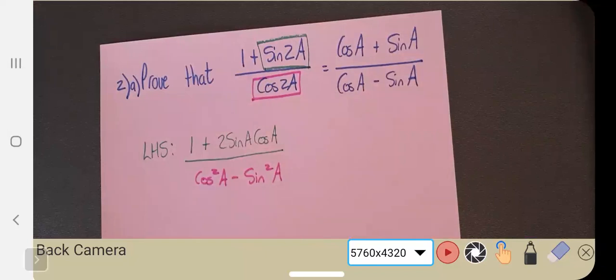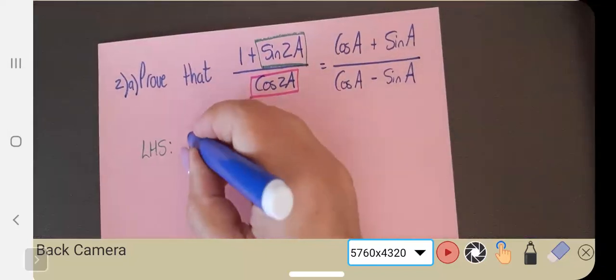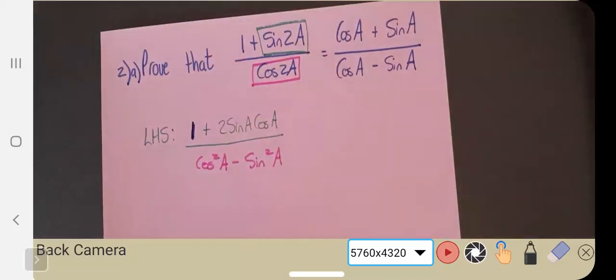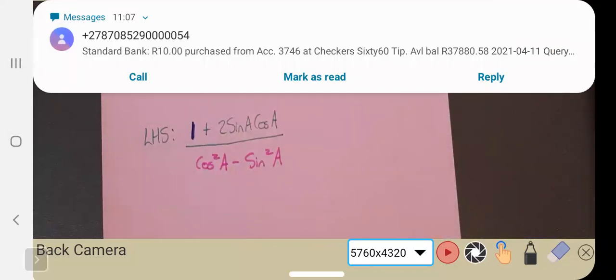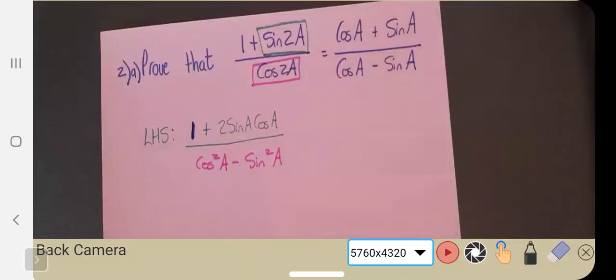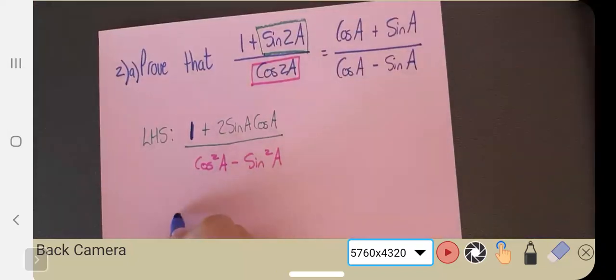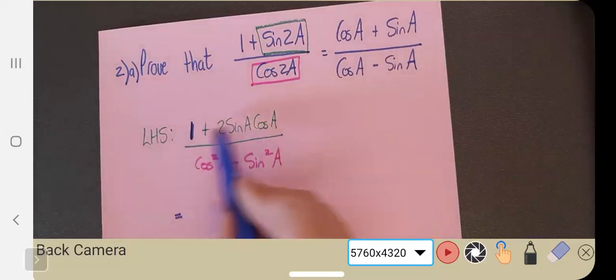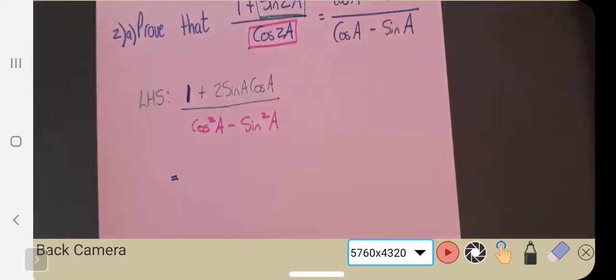Now I'm going to take this 1, because I know there's another identity: sine squared plus cos squared will equal 1. And I'm going to use that because I can then transform this into a trinomial.